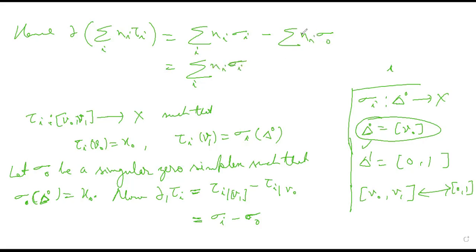And because this summation of n I is 0, already we have seen, this is going to be 0.